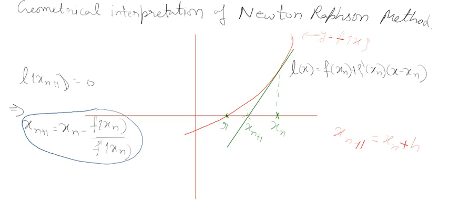So you can see here, this is f of xn. This point is xn comma f of xn. What you draw is, passing through this point, the tangent, and it will intersect the x-axis, certainly, if the curve is like this.